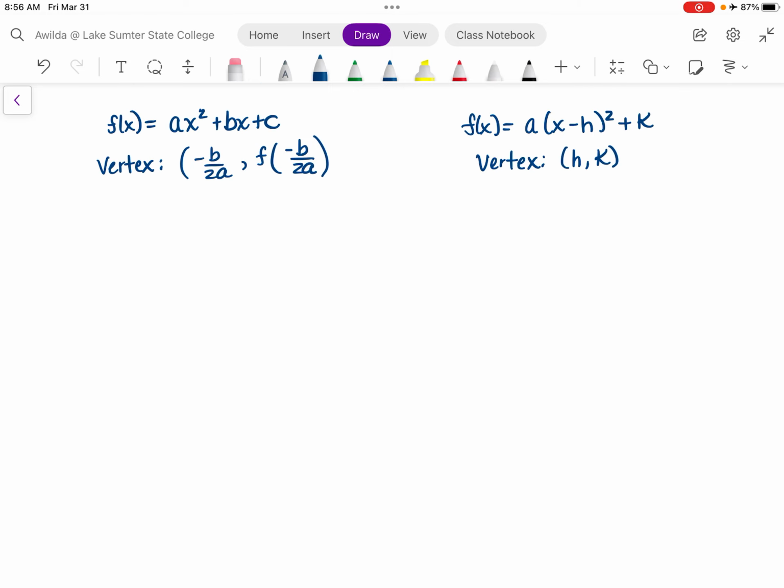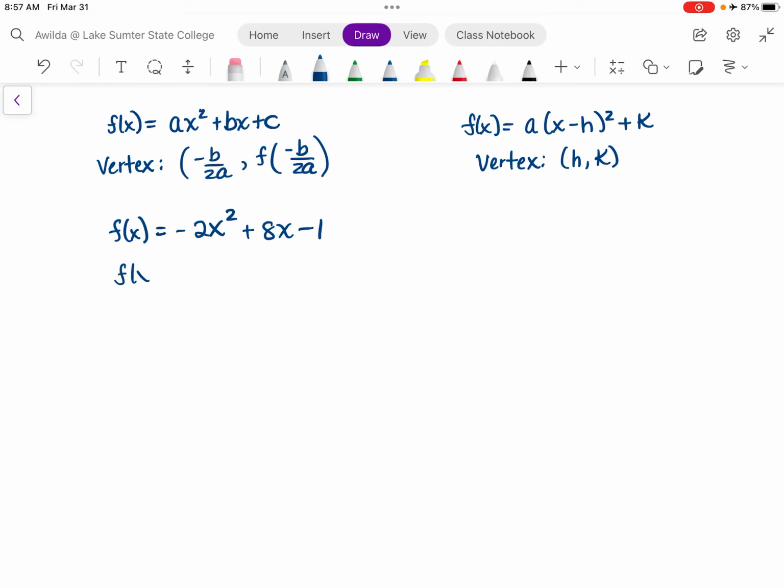Now let's go with f of x equals negative 2x squared plus 8x minus 1. We're going to factor out a negative 2, which is the leading coefficient, from the first two terms.